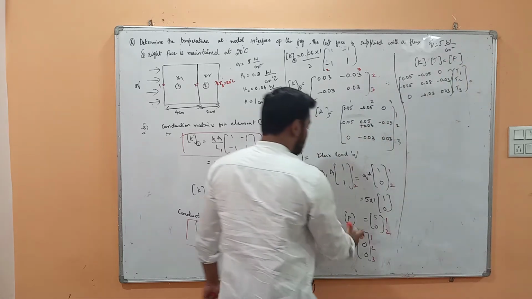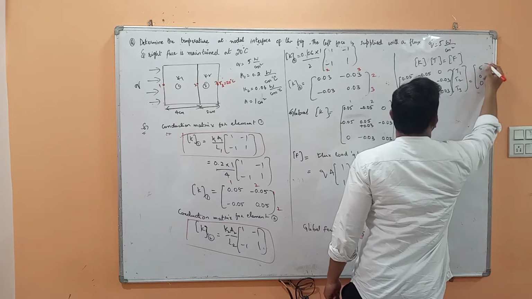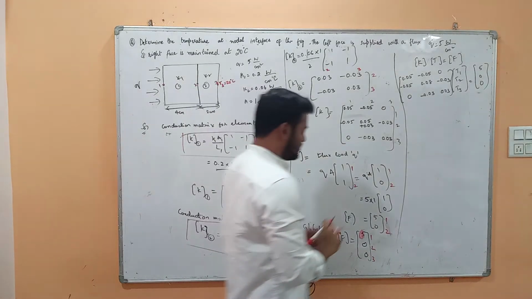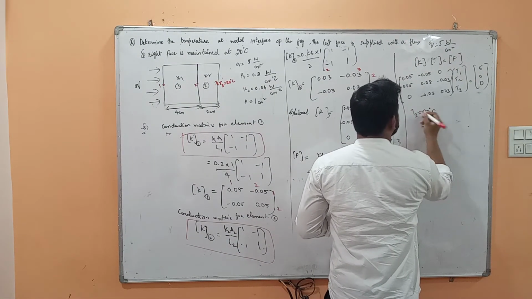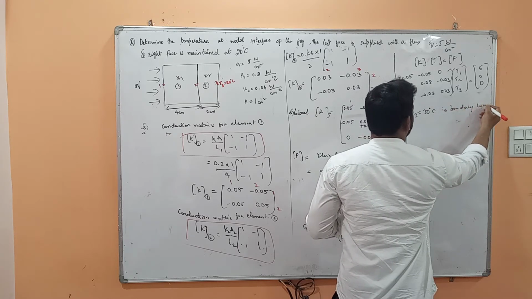And force we got 5, 0, 0. Now what is the boundary condition? We have the value of T3. So T3 is equal to 20 degrees centigrade, which is the boundary condition.